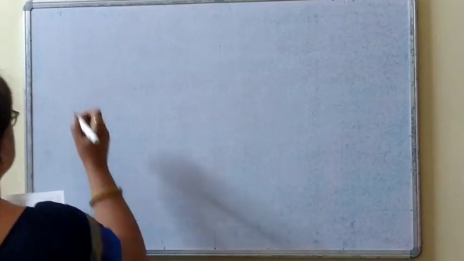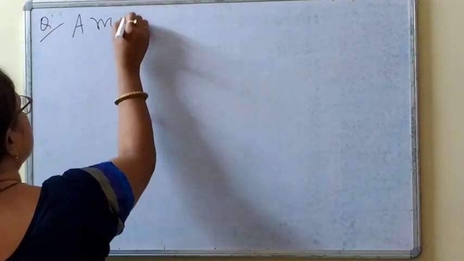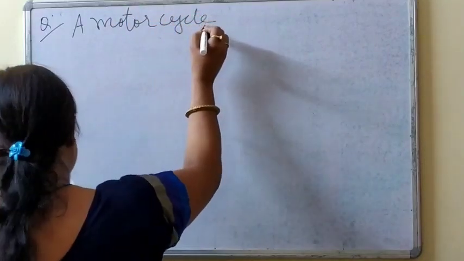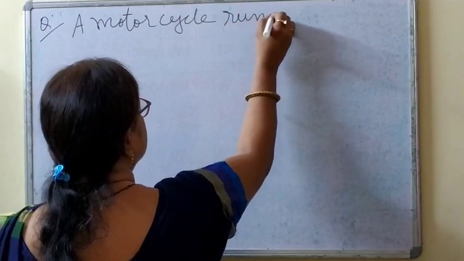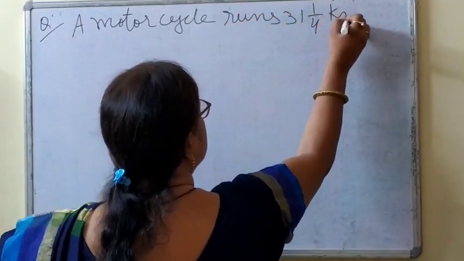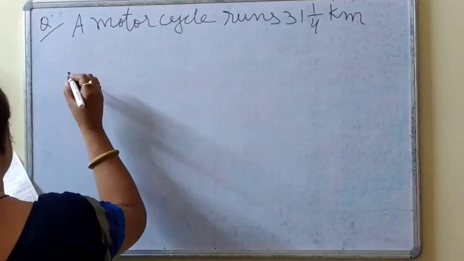A motorcycle runs 31 1/4 kilometer, consuming 1 liter of petrol.